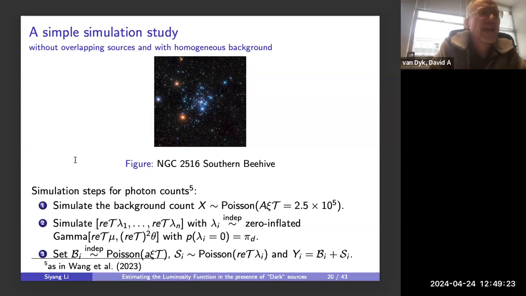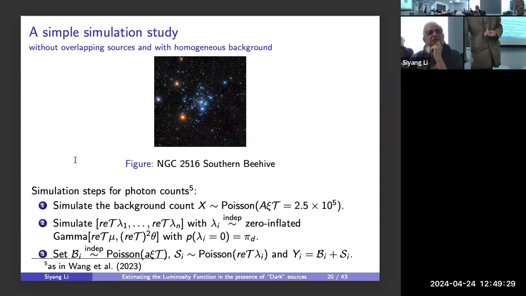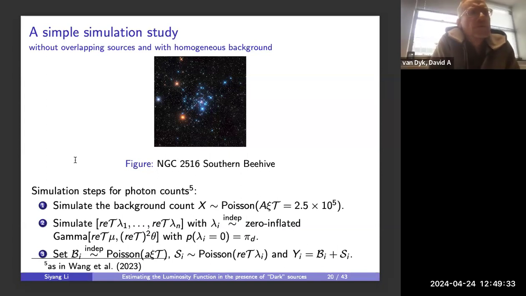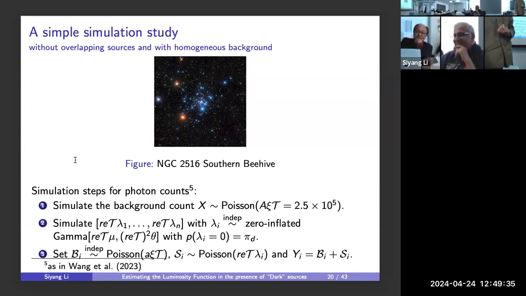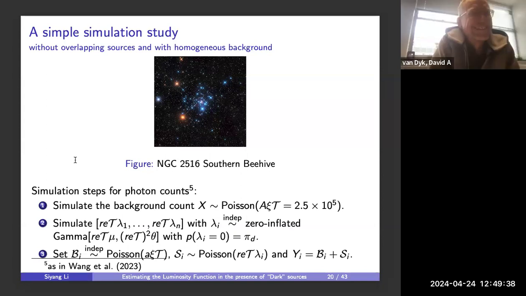Well, no, I think he's asking how you can fit 14 parameters with 10 numbers. And the answer is it's a hierarchical model where you integrate out 10 of the parameters.